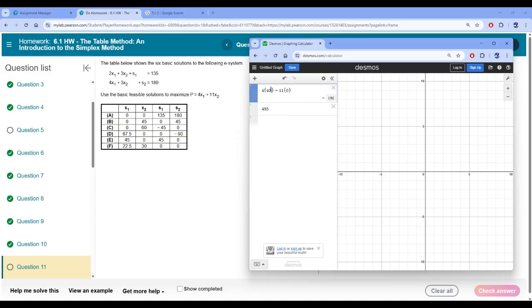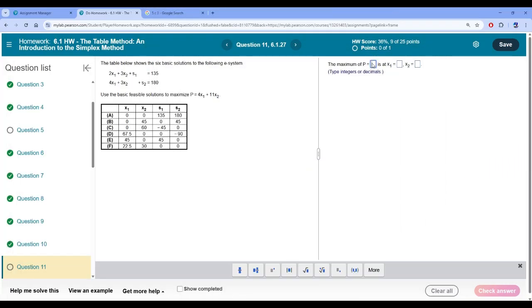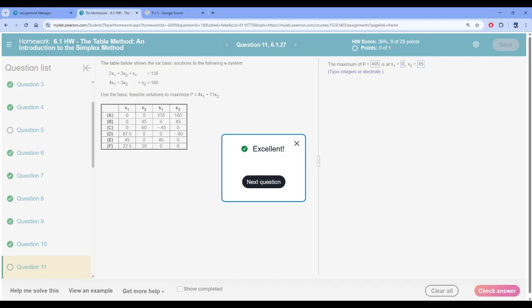That's out. I think the answer is going to be 22.5 and then 30, which gives me, oh no, the answer is 45. So the maximum profit happens at 495, and that occurs when x1 is equal to 0 and x2 is equal to 45. I think that should be it. Nice. Okay, I'm starting to get the hang of this.